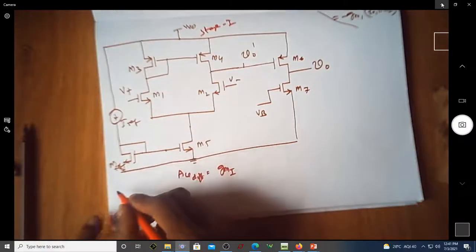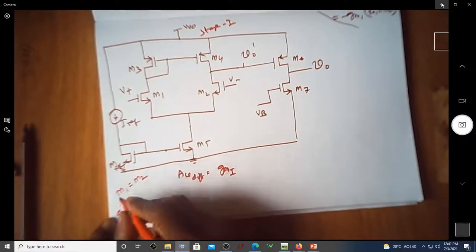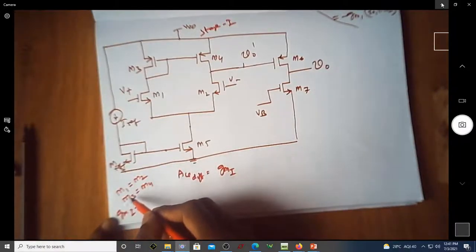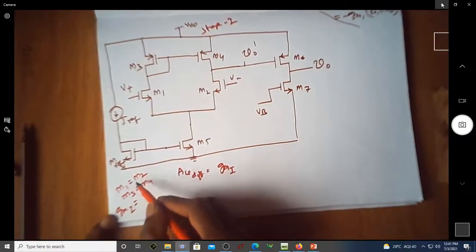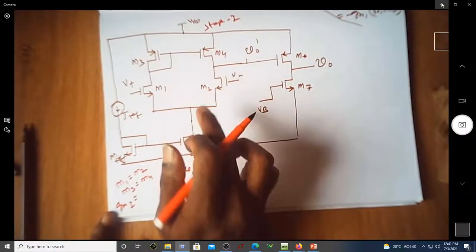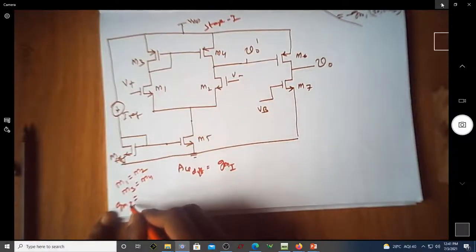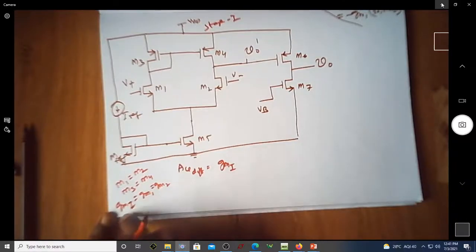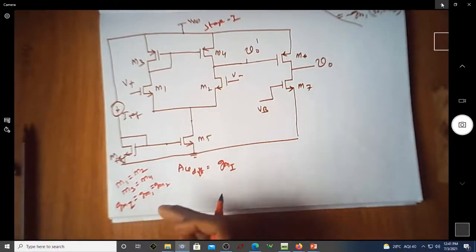We assume that the dimensions of M1 are equal to M2, and the dimensions of M3 are equal to M4. Since M1 and M2 dimensions are the same, their transconductance GM1 is equal to GM2, which is equal to GM of the first stage. The Roman 1 is for the first stage.